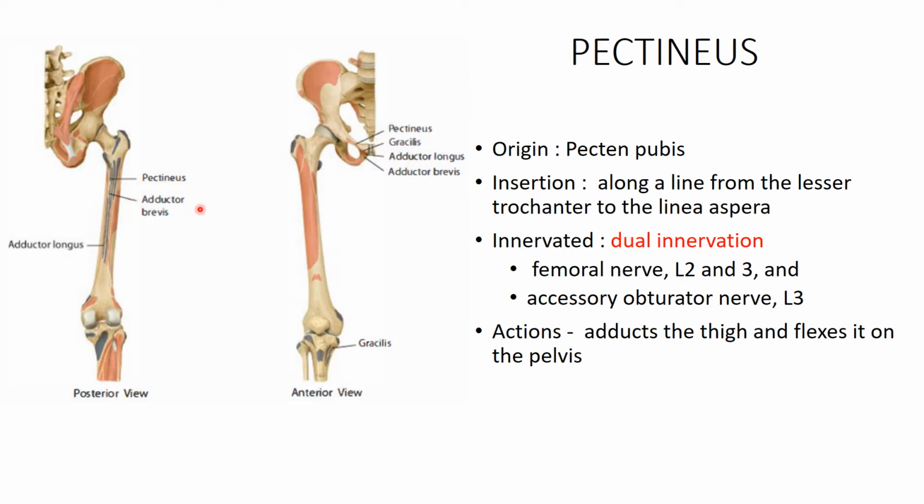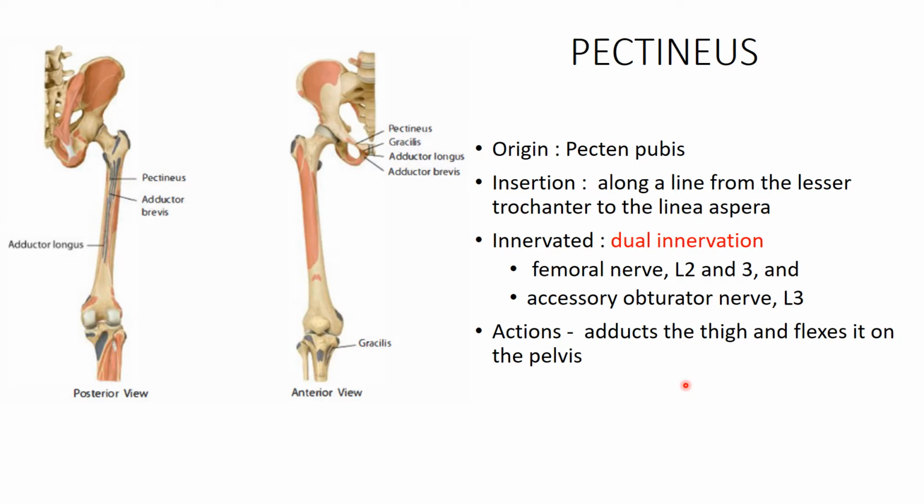Now this muscle has a dual innervation. So this is a hybrid one, and gets supply from the femoral nerve as well as from the obturator nerve. Sometimes there is an accessory obturator nerve which supplies it. Otherwise, it is supplied by the anterior division of the obturator nerve.